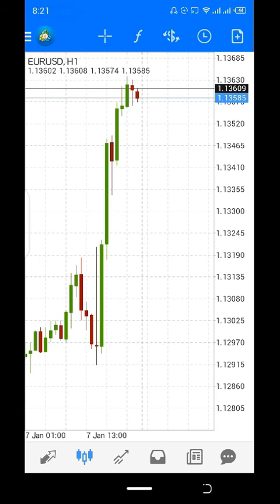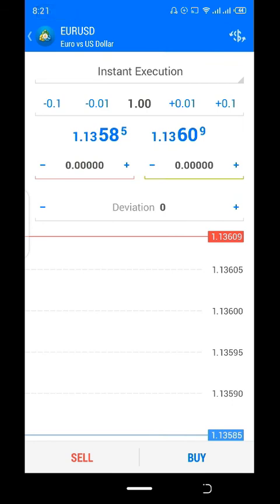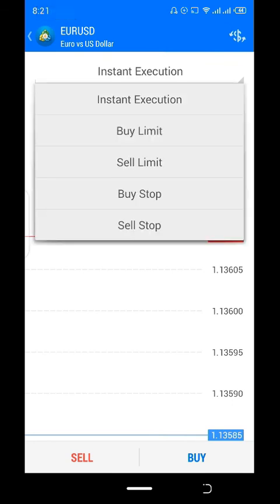That's buy limit. While we have sell limit, the market initially is rising, and you made an analysis that when the market reaches a certain level, it's going to fall. So you place a sell limit order. When the market gets there, it picks your order and sells down.